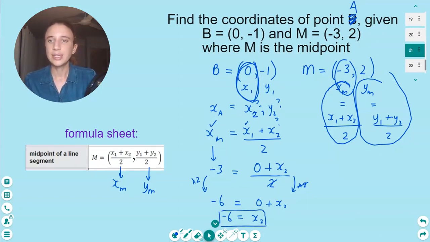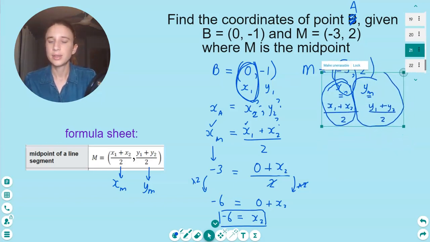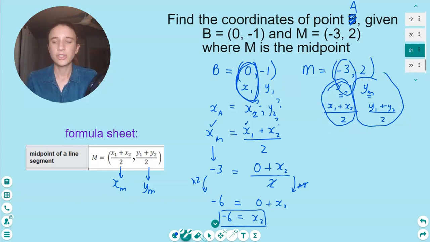Okay. So now we've used that information. We're going to find the y coordinate of our midpoint. Looking vertically, ym equals y1 plus y2 on 2. The average y coordinate is the y of your midpoint.